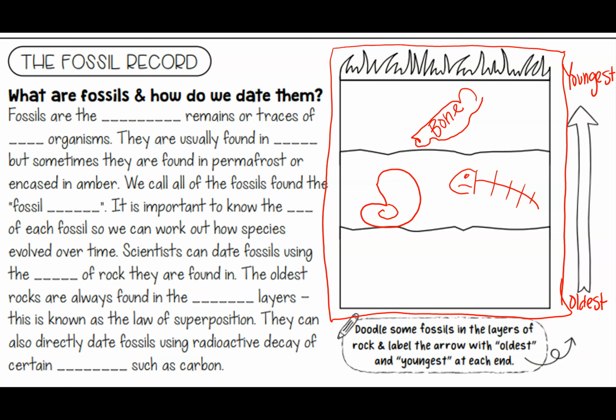So whatever you draw in here, you need to have something in each one of these layers so that you can say, hey, let's see, this dinosaur head down here, this teeth, and an eye. Okay, this is older than this malfunction looking bone up here, which is younger.